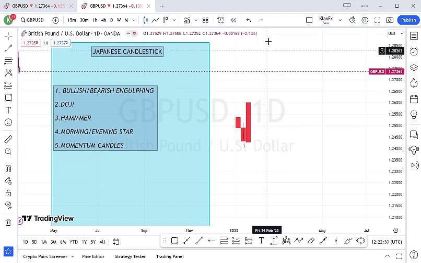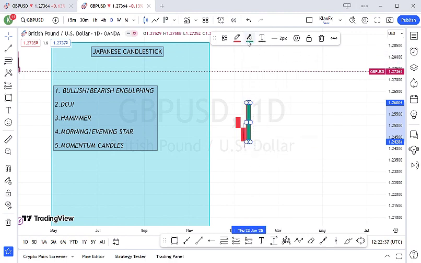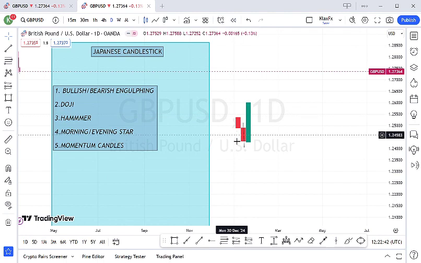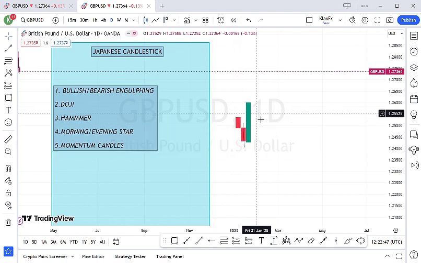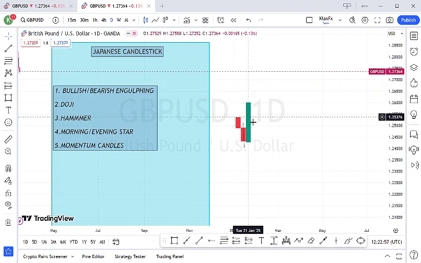So I was trying to explain the bullish engulfing candlestick pattern. When you have a series of smaller candles coming down, and the next you see a very big candle engulfing at least 1, 2, 3 candles, this particular candle is what is called your bullish engulfing candle.